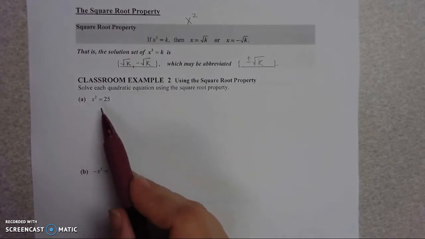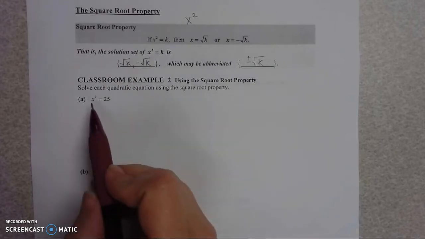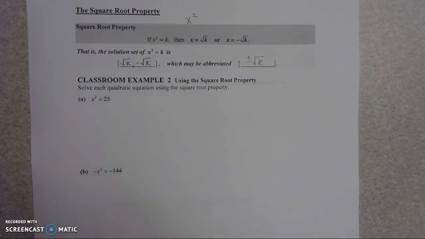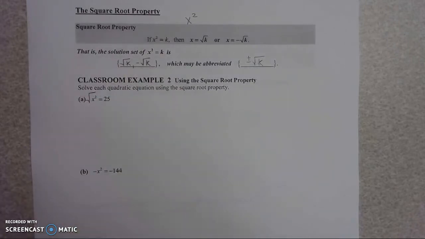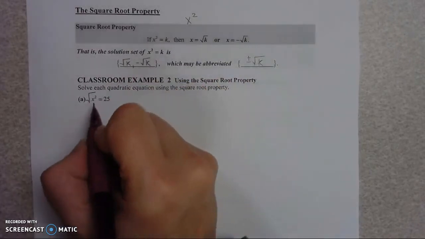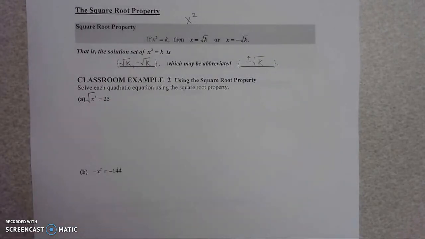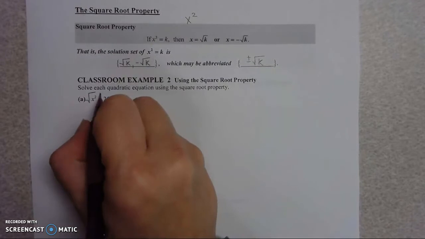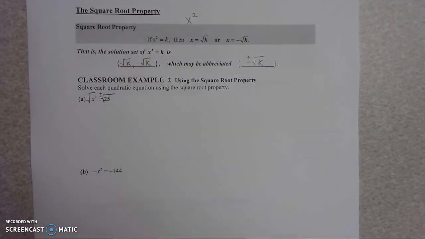If I have x squared equals 25, notice there is no x term. I just have the x squared and the constant. The way that I can solve it is to take the square root, because remember we're trying to get x by itself. So I take the square root, that will undo the exponent 2. And then I'm going to do plus or minus the square root of 25.